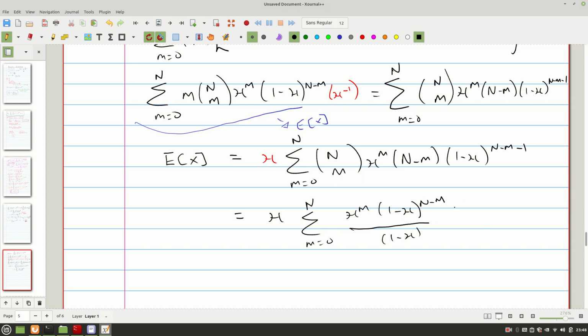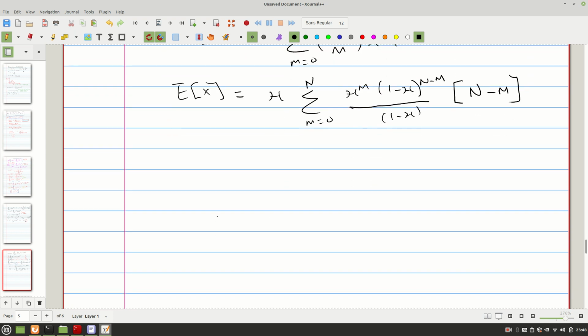This should be clear, and we multiply this by n minus m. So this is what the expectation of x is equal to. Okay, let's keep going.